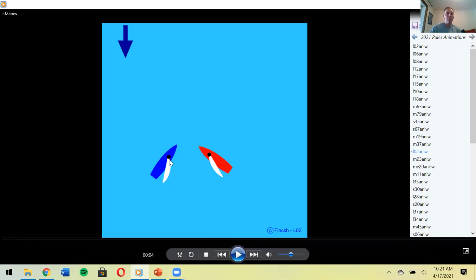To force blue to do turns, red has to say protest to blue. And the word protest is a magic word in sailing. Blue is not obligated to do turns unless red says the word protest. You can't say do your turns or you fouled me or hey or some expletive. You need to say the word protest to force blue to do turns.